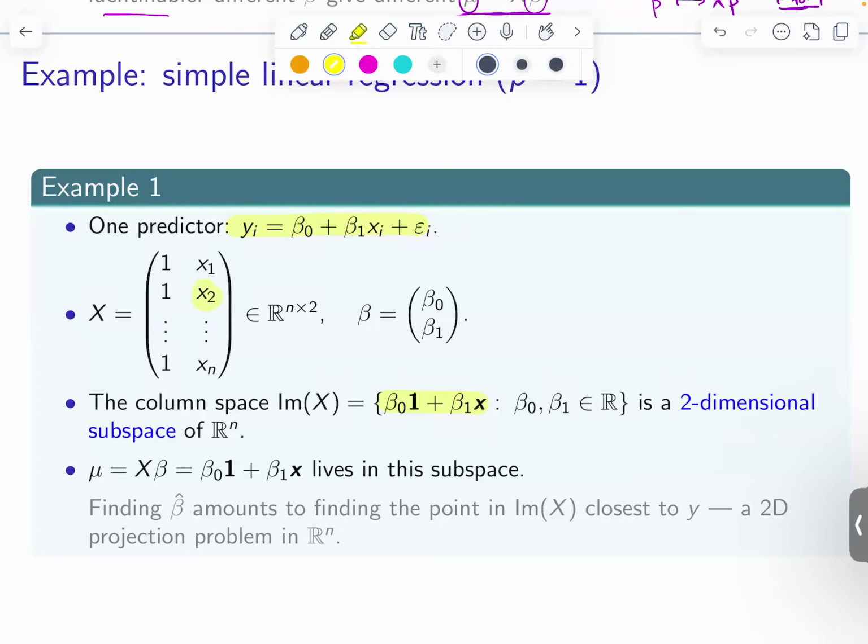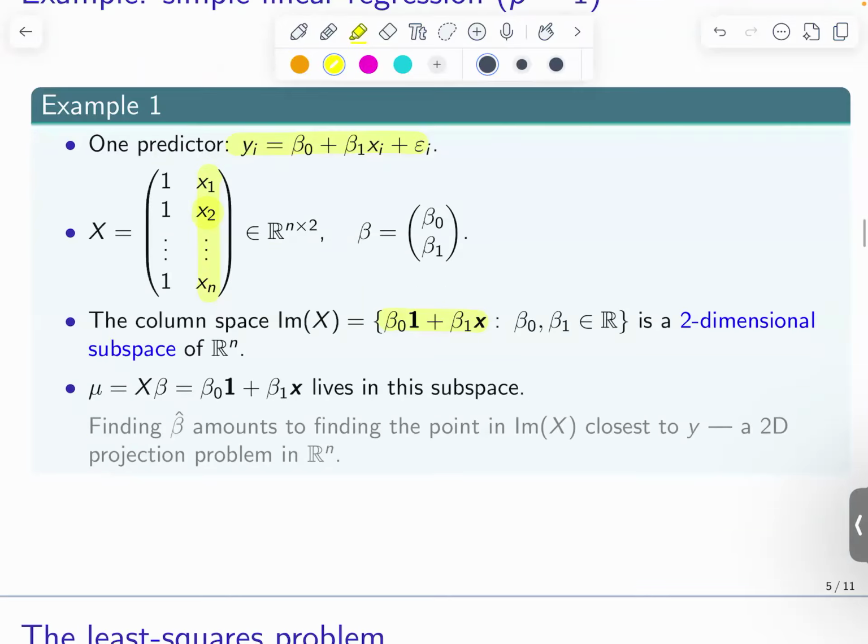If two are different, it's not a constant multiple of the first column, and so they're linearly independent, which is a very mild condition. If this covariate varies a little bit among samples, then you're done. It's not really a big condition if n is much bigger than p. As n and p approach each other, things become a little bit tricky.